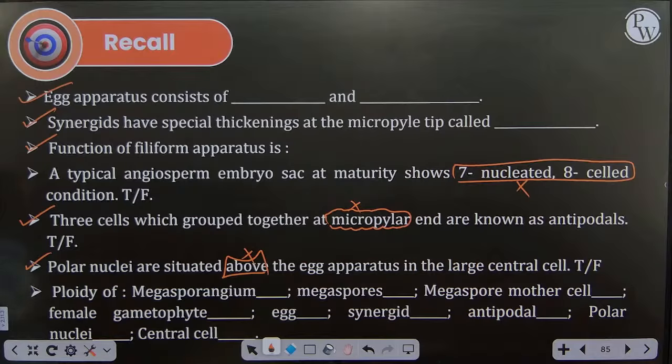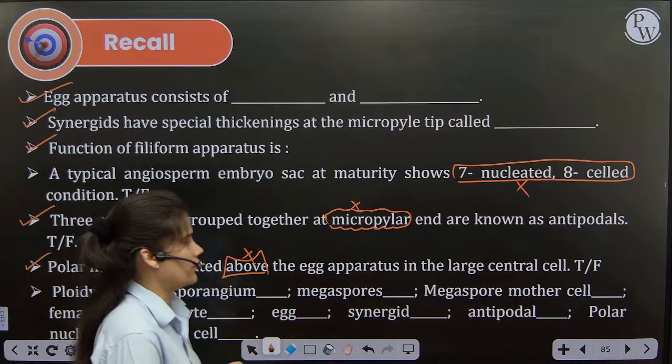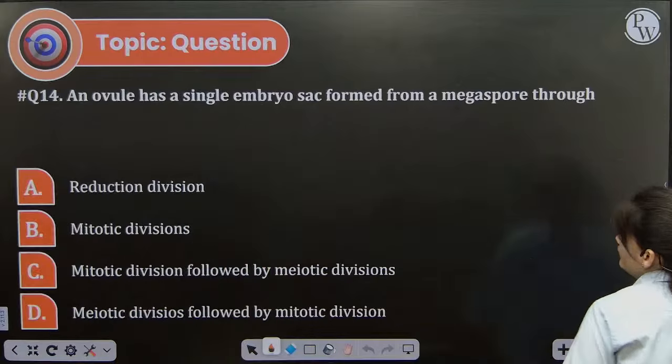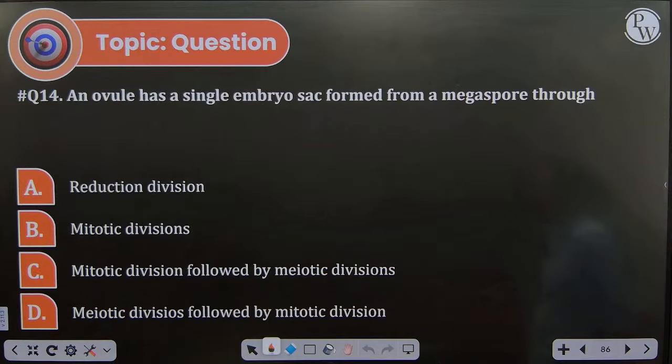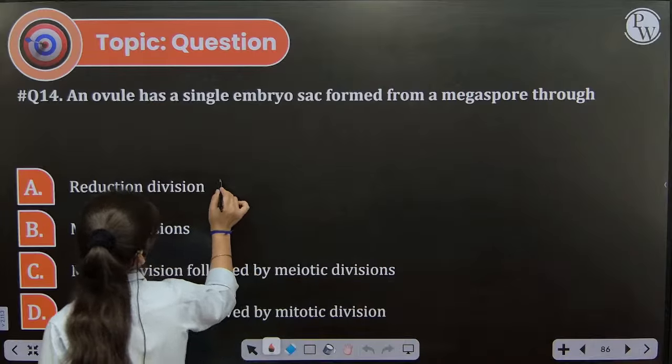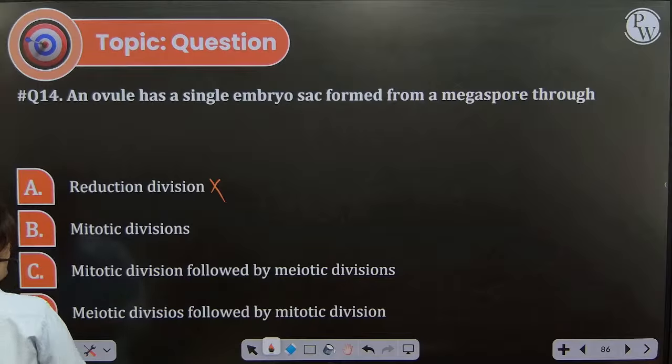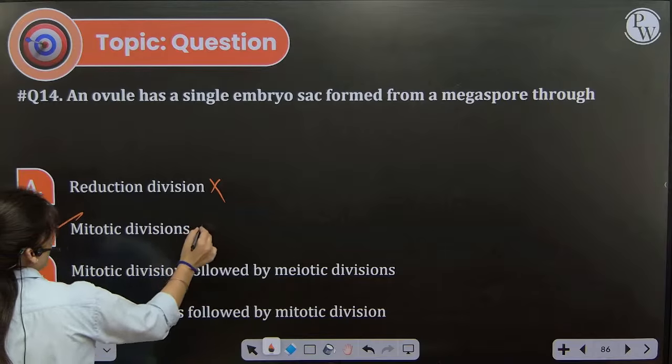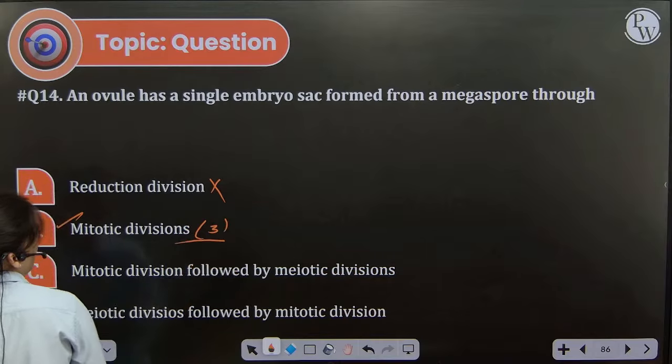That's why they are N. Polar nuclei and central cell are also N. An ovule has a single embryo sac formed from megaspore through which division? Reduction division? No. Mitotic divisions, yes. How many mitotic divisions? Three mitotic divisions.